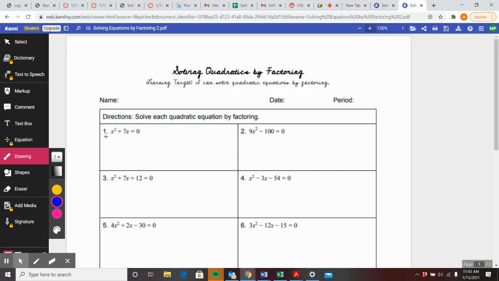So notice this is x squared plus 7x. What can we do to that? Does anybody know? So the first thing they want you to do is always look for a greatest common factor. Yes, greatest common factor. What is the greatest common factor of x squared plus 7x?